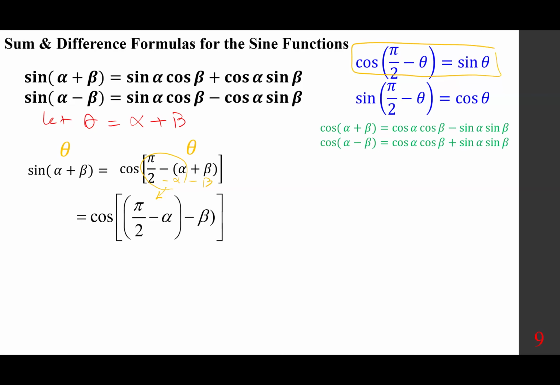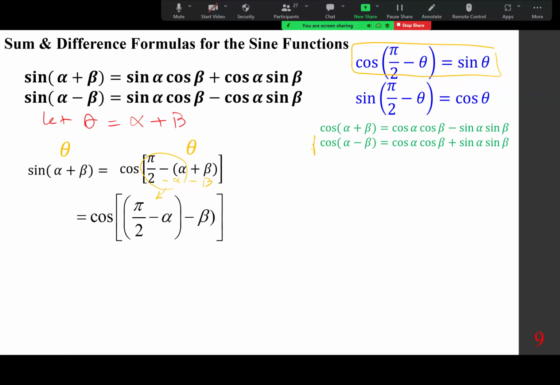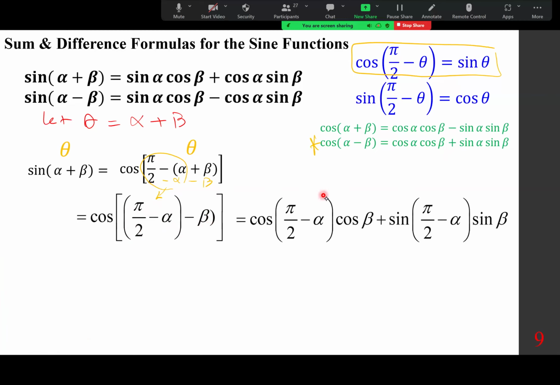Now, let's follow that. So cosine of this, that means cosine of pi over 2 minus alpha, times cosine of this, cosine beta, that's this part, plus sine of this, sine of pi over 2 minus alpha, sine beta, according to this formula.